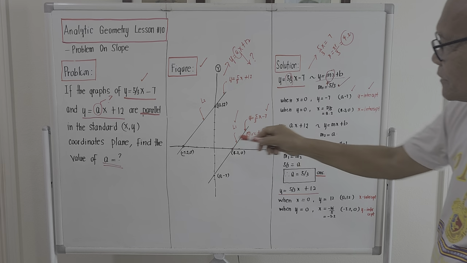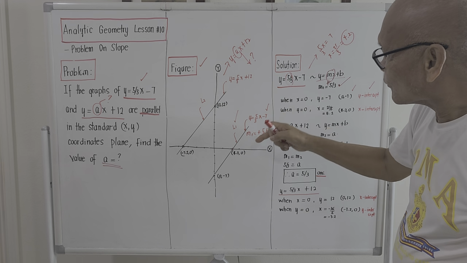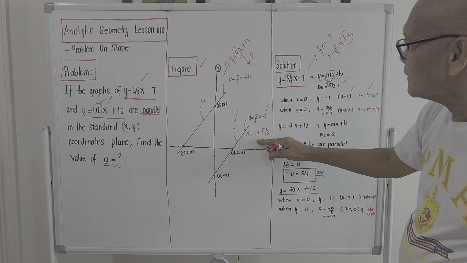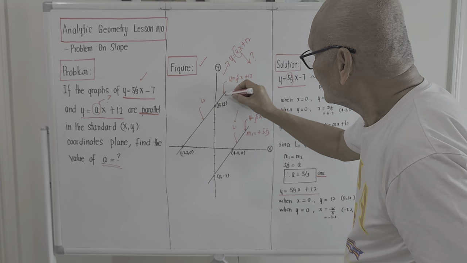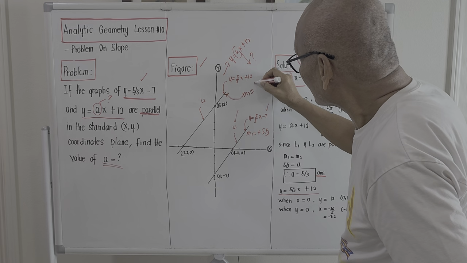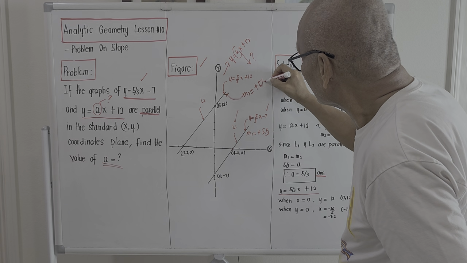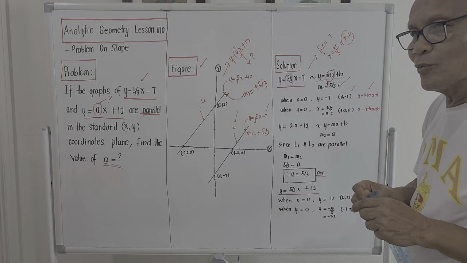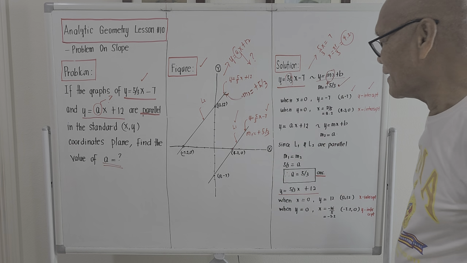And we know that this line here is parallel with this. So whatever the slope of line number 1, the slope of line number 2, m2, should also be equal to plus 5 thirds. Still upwards to the right, but the x and y intercepts are different, right?